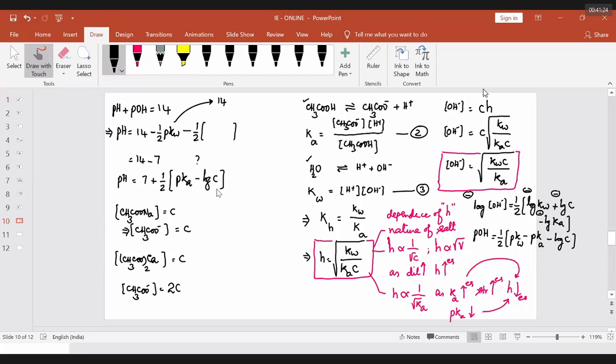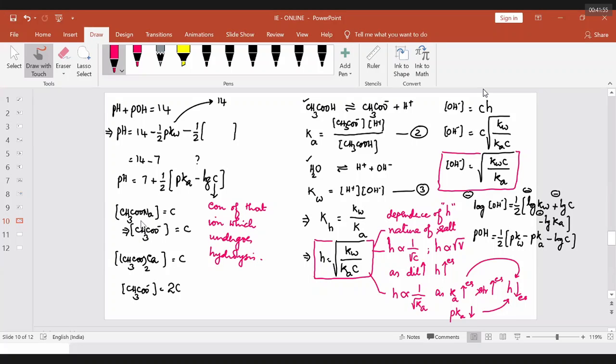Therefore, I should not use the word C is concentration of salt. What I should say precisely is: the concentration of that ion which undergoes hydrolysis. It's not salt.